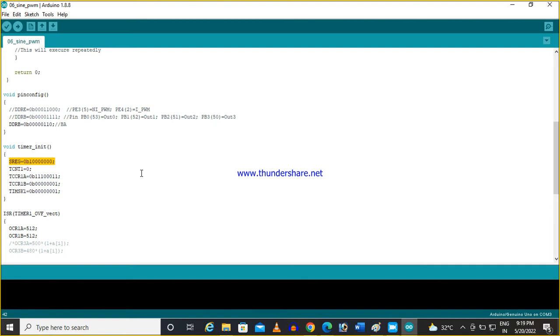Whenever we use an interrupt, we use the global interrupt enable, the 7th bit or I bit, so I made that high here. TCNT1 is the data register of timer 1, and it is always better to initialize it to 0.